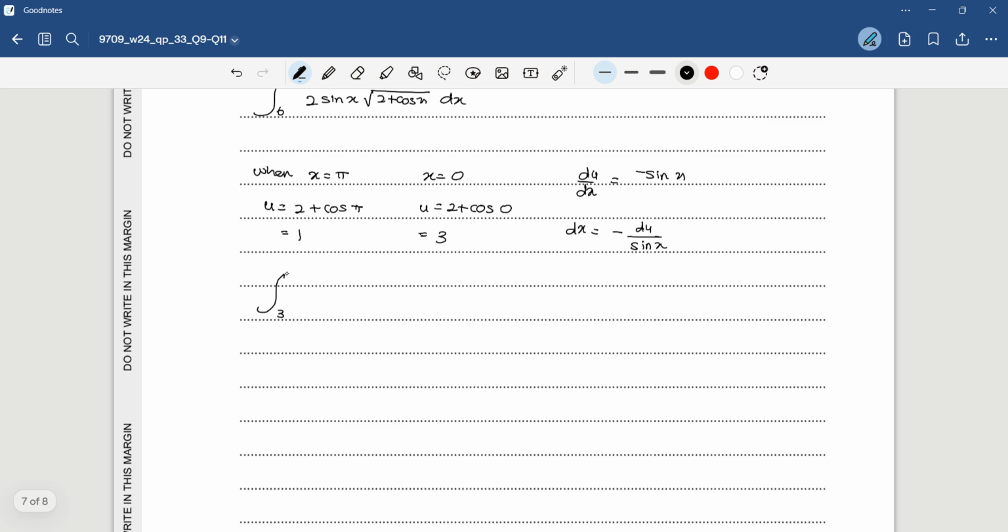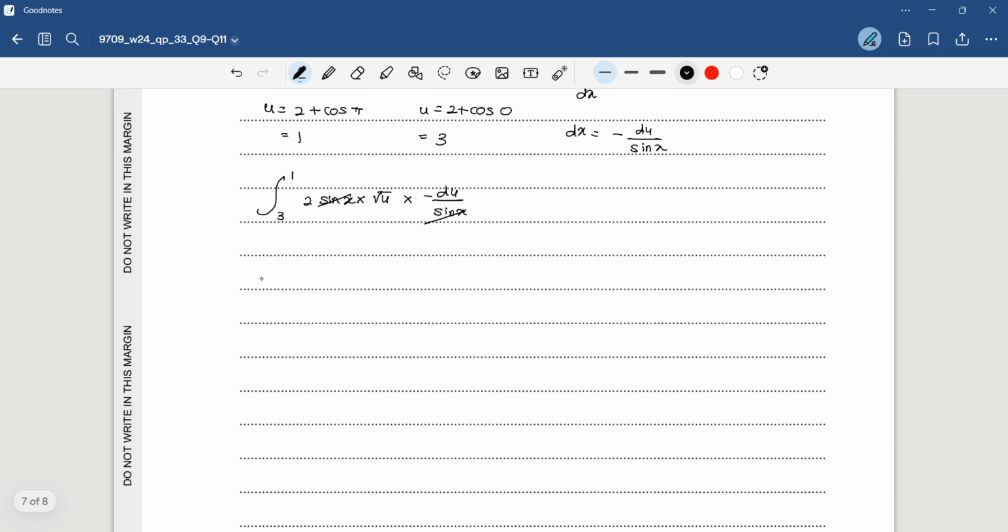When x equals pi, u equals 1. So make sure it's 3 to 1, not 1 to 3. Then 2 sin x multiplied by the square root of u multiplied by negative du over sin x. So you can cancel the sin x and sin x. So it's going to be the integral from 3 to 1 of negative 2 root u du.